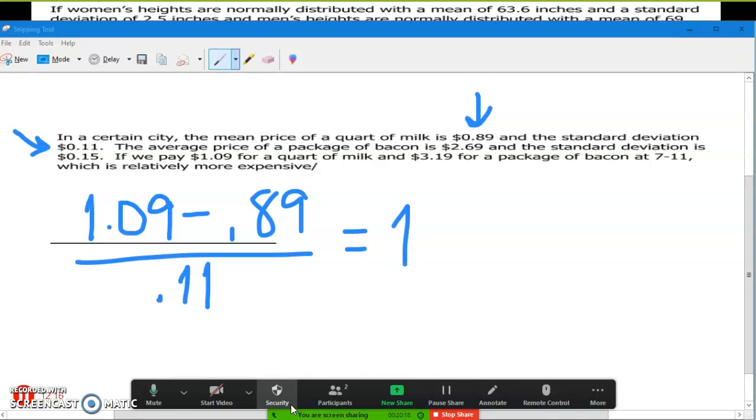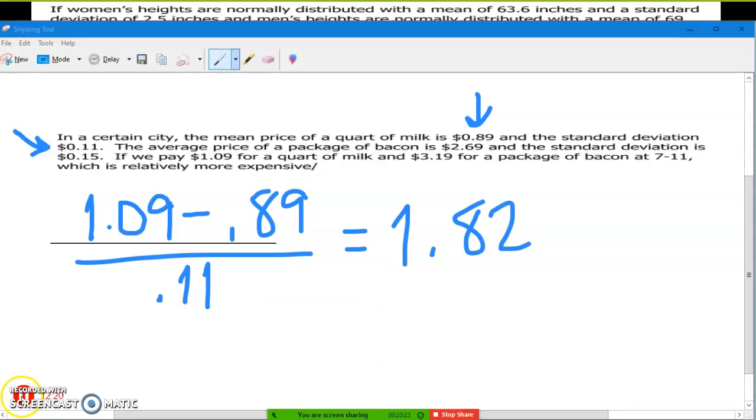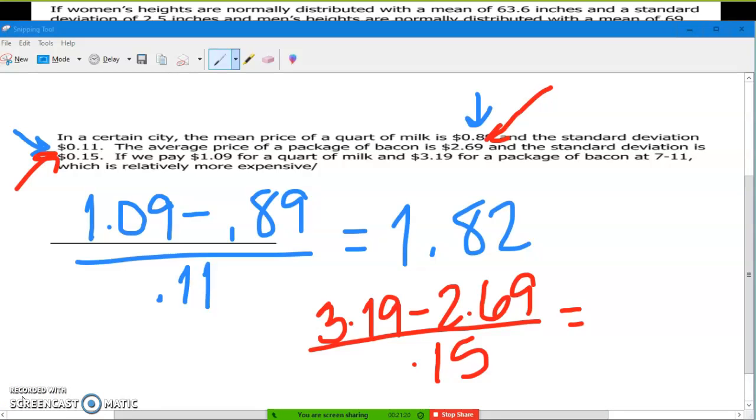We're looking at 1.82 for the milk. Then we're looking at bacon at $3.19. The average is $2.69, divided by the standard deviation, 15 cents. That gives us 3.33 for our z-score. So in this case, our bacon is relatively more expensive than our milk, because 3.33 is a higher z-score than 1.82.